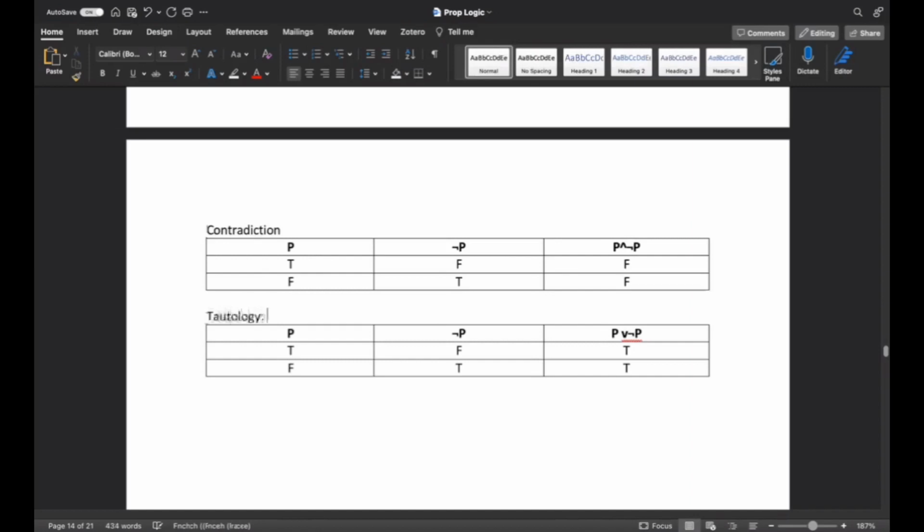A tautology is when all the rows of the truth table are true. A proposition which has all the rows true is a tautology. And a contradiction is a proposition where all the rows of the truth table are false.